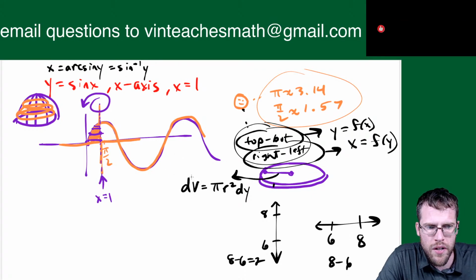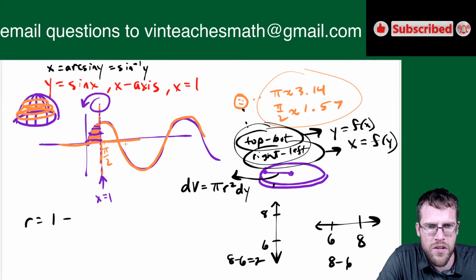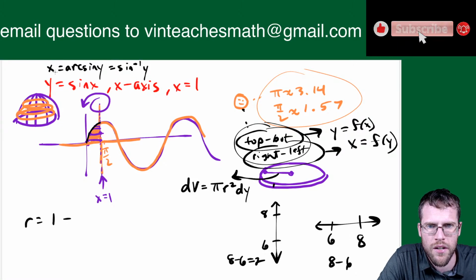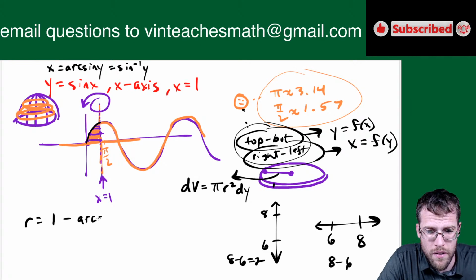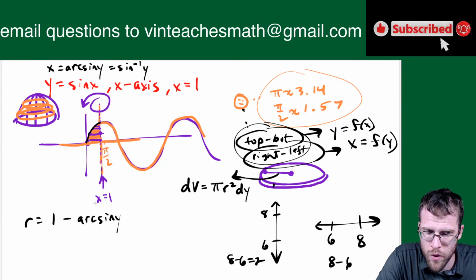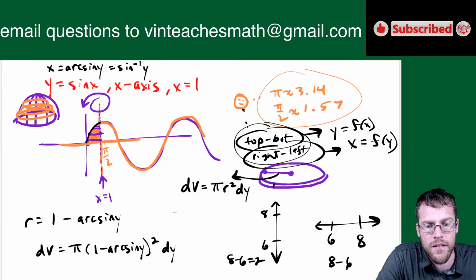So the equation on the right is x equals 1, minus the equation on the left, which is determined by the sine curve, but in terms of x, it's x equals arc sine of y. Now, from here, you're going to say dV equals pi times (1 minus arc sine y) squared, times dy, like this.